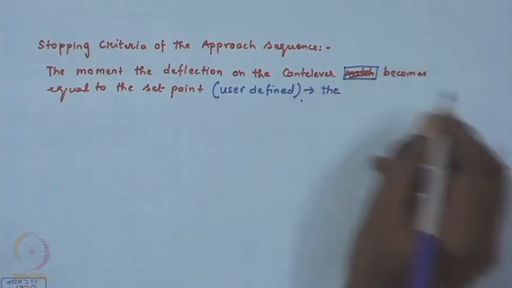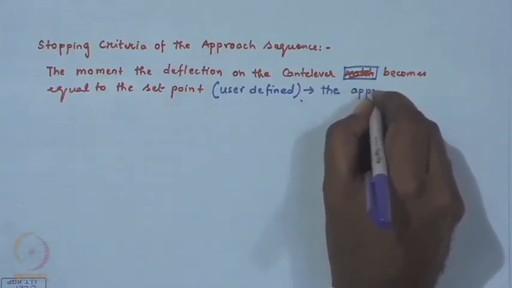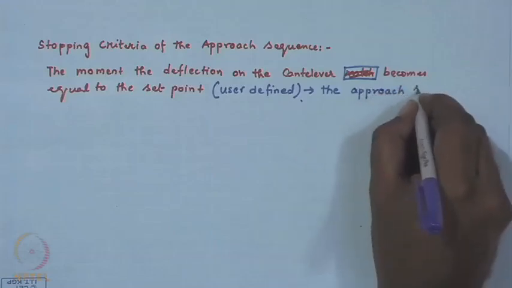What happens when the deflection becomes equal to the set point? The approach stops.